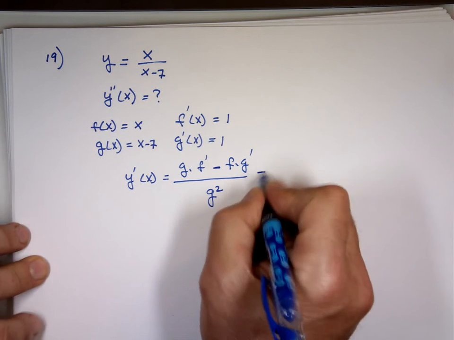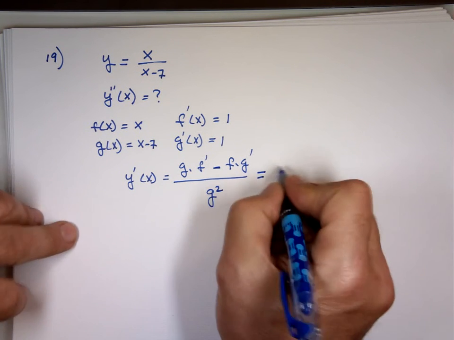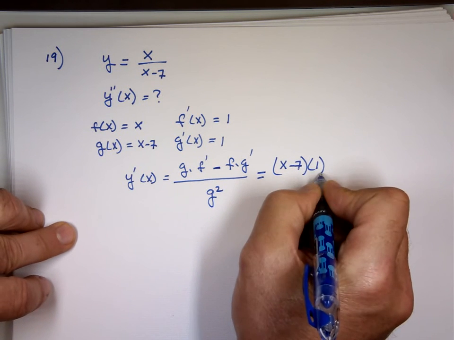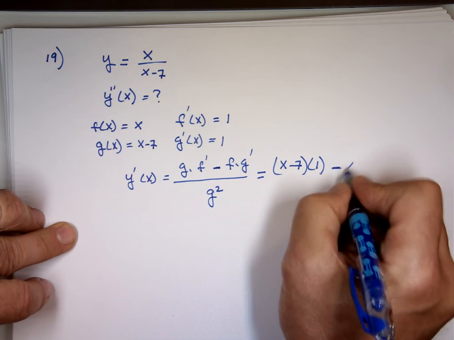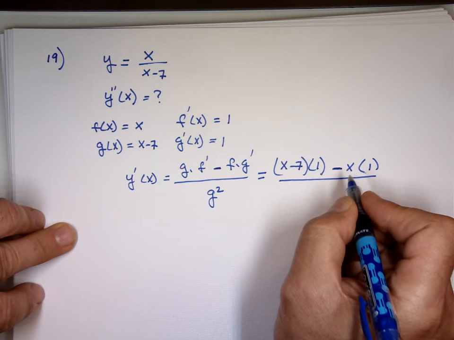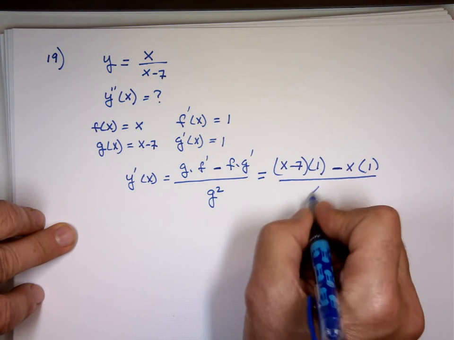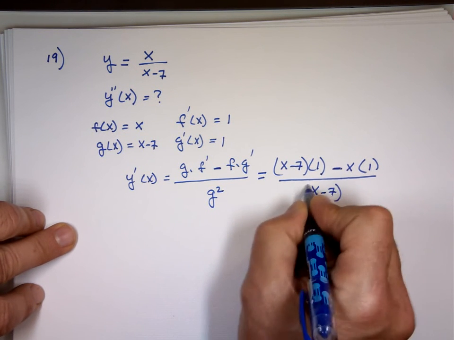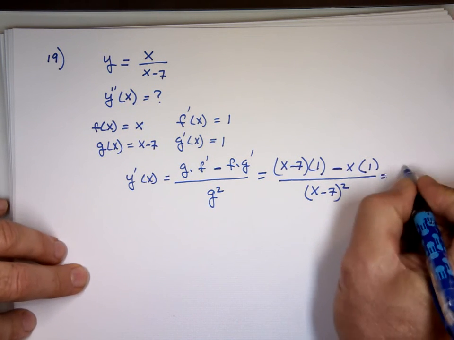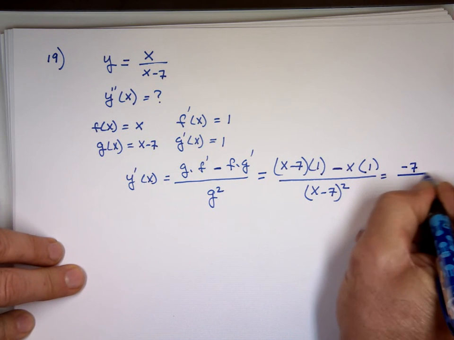G is x minus 7 times f prime, which is 1, minus f, which is x, times the derivative of g, which is 1, all divided by g squared, which is x minus 7 squared. And if you clean that, what do you have? Isn't that negative 7, if my eyes are good, on the top, over x minus 7 squared.